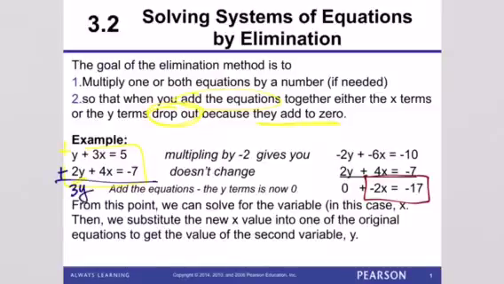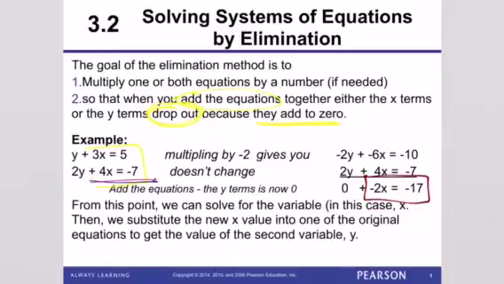We get 3y, and that doesn't help us because we don't get rid of anything. But if we could change this so that this were negative 2y, then when we added them, negative 2y plus 2y would give us 0y, and then the y's are gone. So that's what we're going to do.